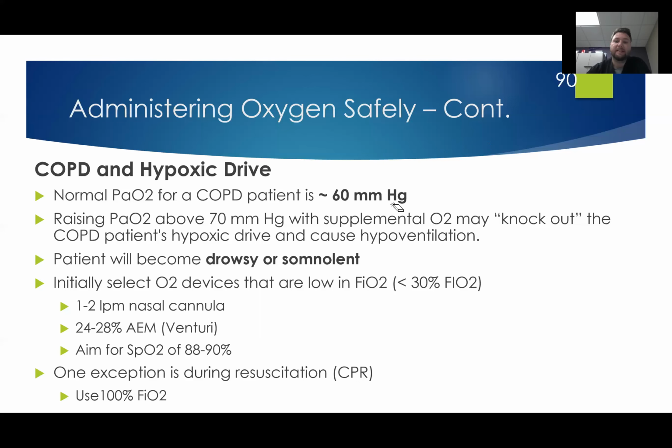So the best devices for these patients are low oxygen devices. We always want to use low FiO2, low amounts of oxygen with COPD patients, COPD being emphysema and chronic bronchitis. So for the O2 devices we want to give them, we want their FiO2 to be less than 30.